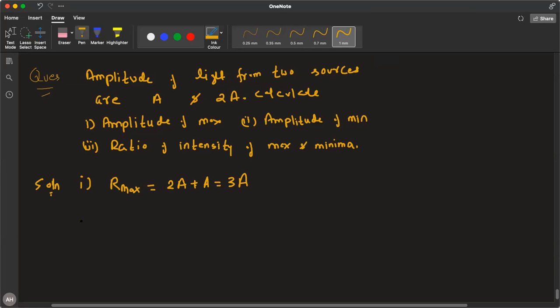For the second part, our minimum: just subtract these two amplitudes, 2a minus a, so we'll get a. In the third part, you need the ratio of maximum and minimum intensity, I max by I min. That is (a plus b) square by (a minus b) square.